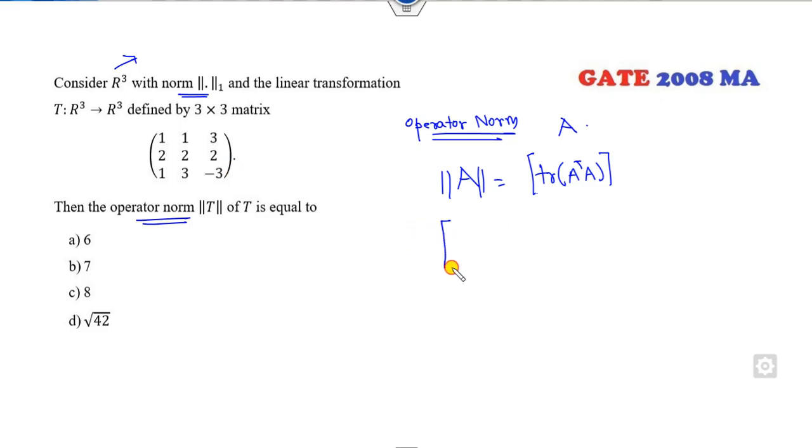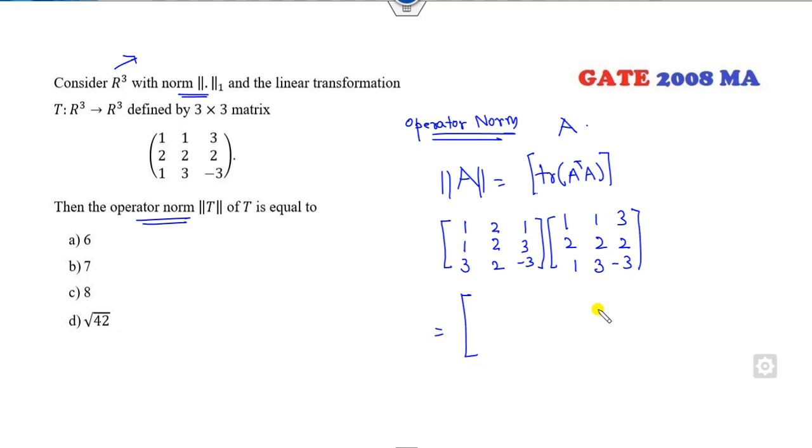Firstly, I can write the transpose: 1, 1, 3, 2, 2, 2, 1, 3, minus 3, multiplied by the matrix A: 2, 2, 2, 1, 3, minus 3.